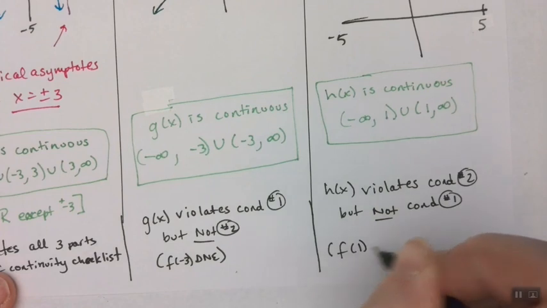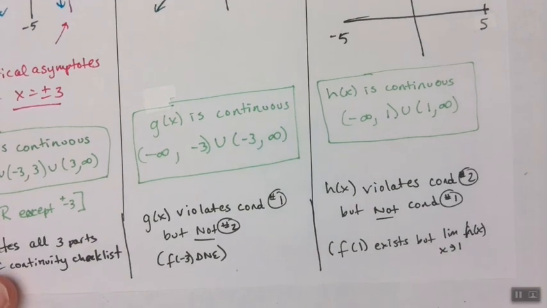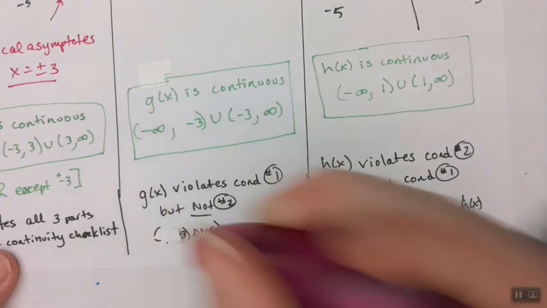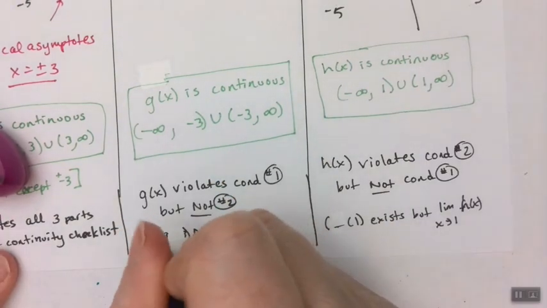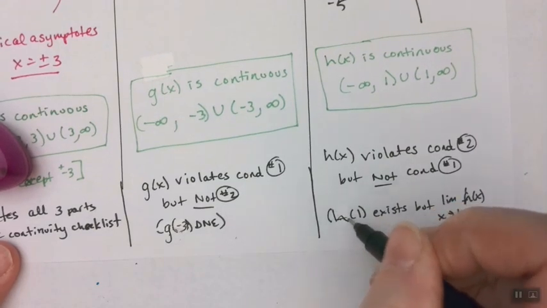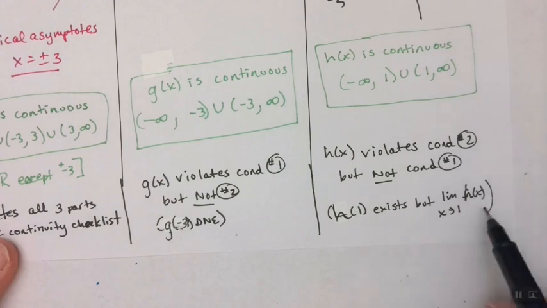Sorry, I forgot that I made this h. I keep doing that. This was g as well. So this is g of -3, and this was h of 1. So h of 1 exists, but the limit as x goes to 1 of h of x does not.